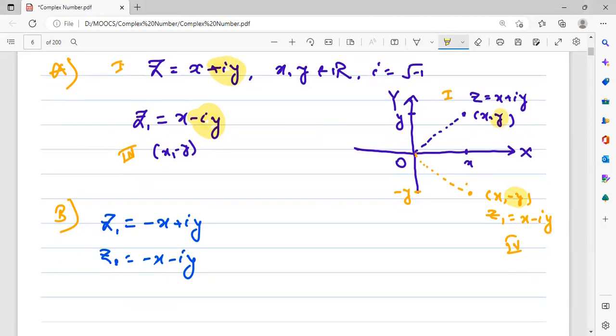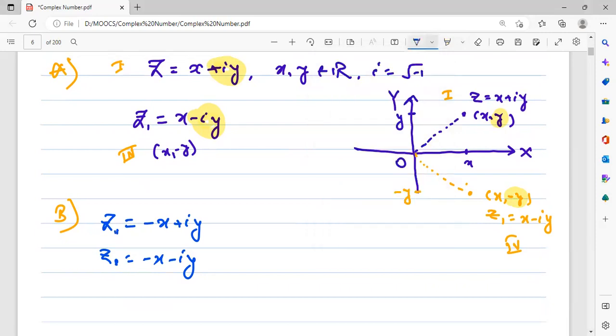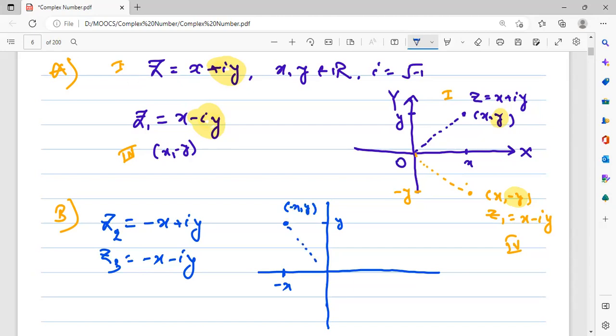In this example, I will say this is z2, and I will try to plot the graph of z2 and z3 in the plane. Minus x is somewhere here and y is here, and we get this coordinate at minus x, y, which is z2.